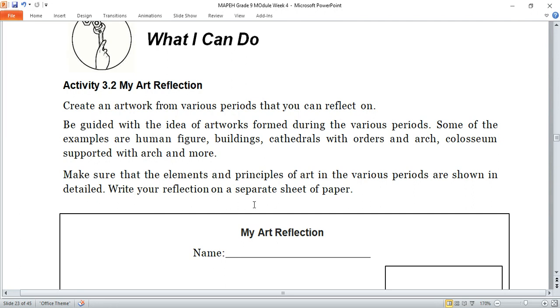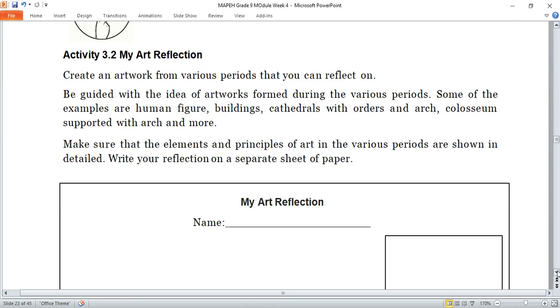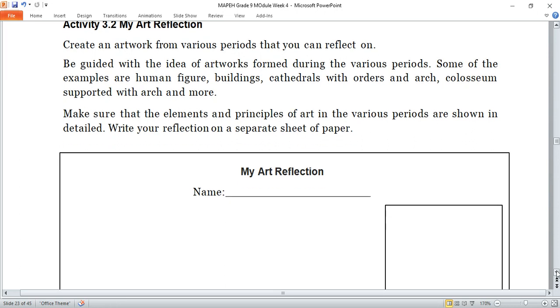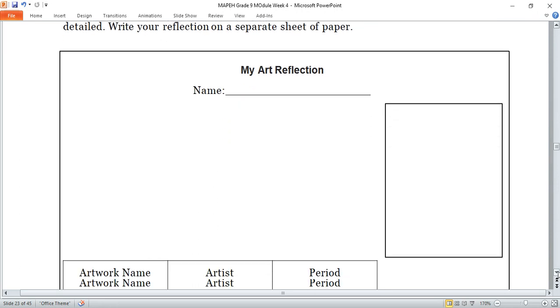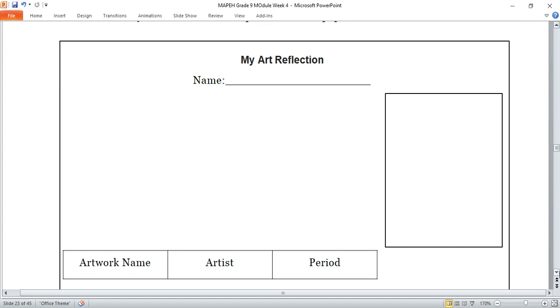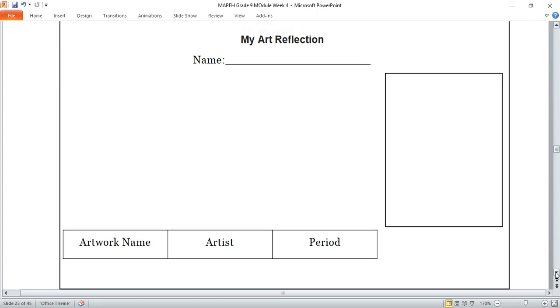Write your reflection on a separate sheet of paper. So that is your title, my art reflection. Do this in one long bond paper: artwork, artist, and period.